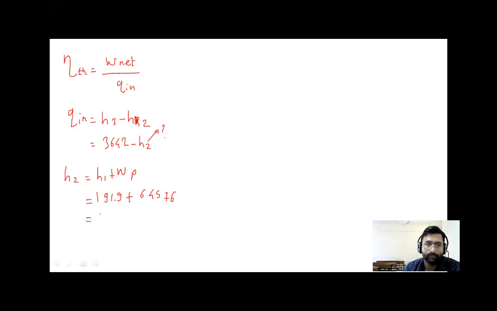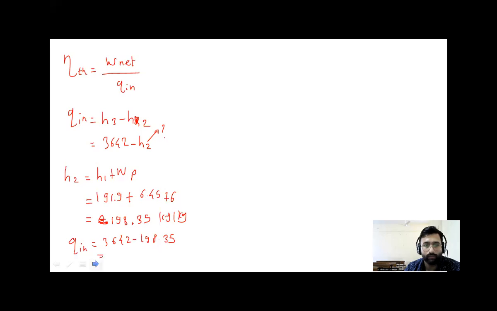H2 is 198.35 kilojoule per kg. Now you can calculate Q in: 3642 minus 198.35.